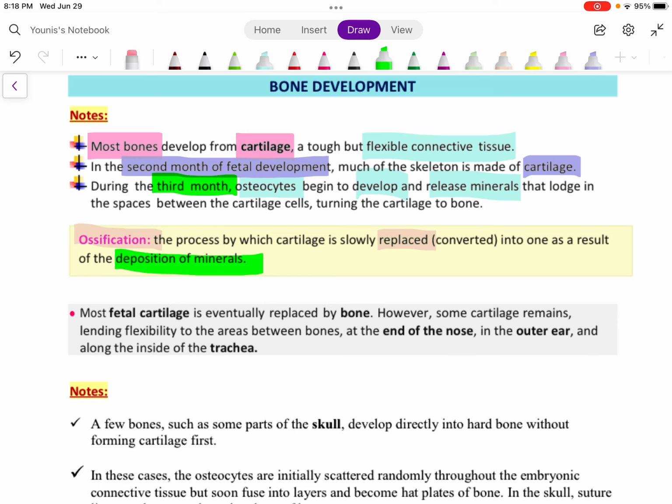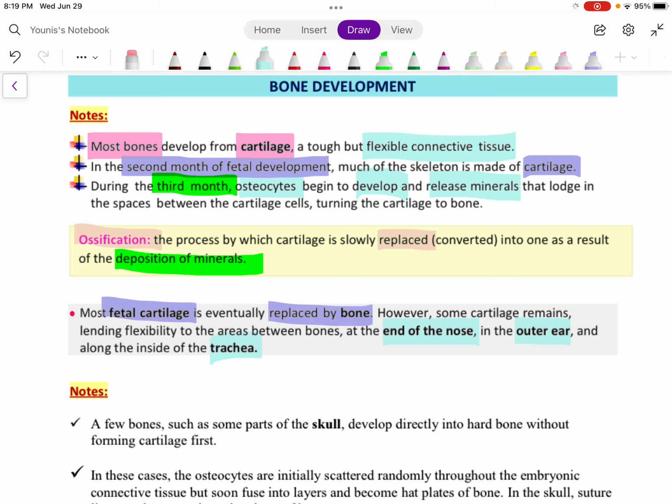Okay, so now it's clear that the fetal cartilage is eventually replaced by bone, but this doesn't work for all the bones. In an adult person, not all the cartilage is turned into bone. For example, the end of the nose, the outer ear, and the inside of the trachea are not bones. They are cartilaginous structures, right?